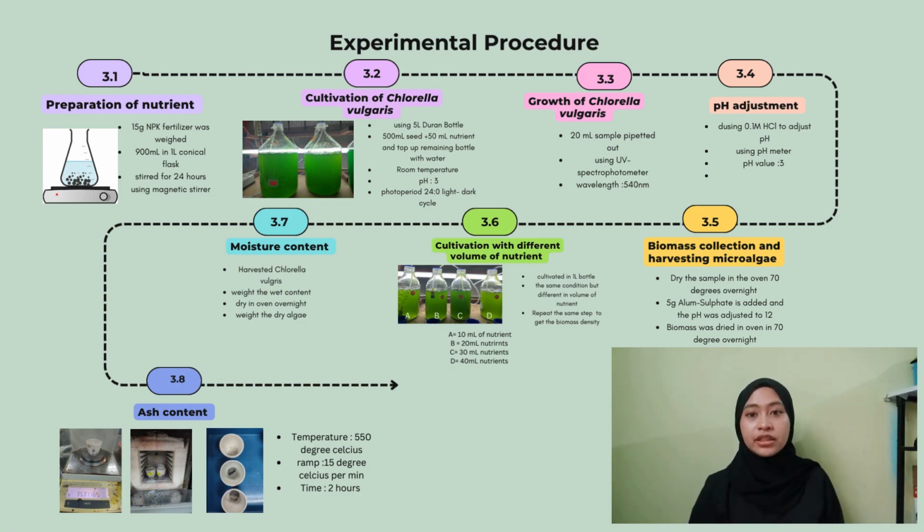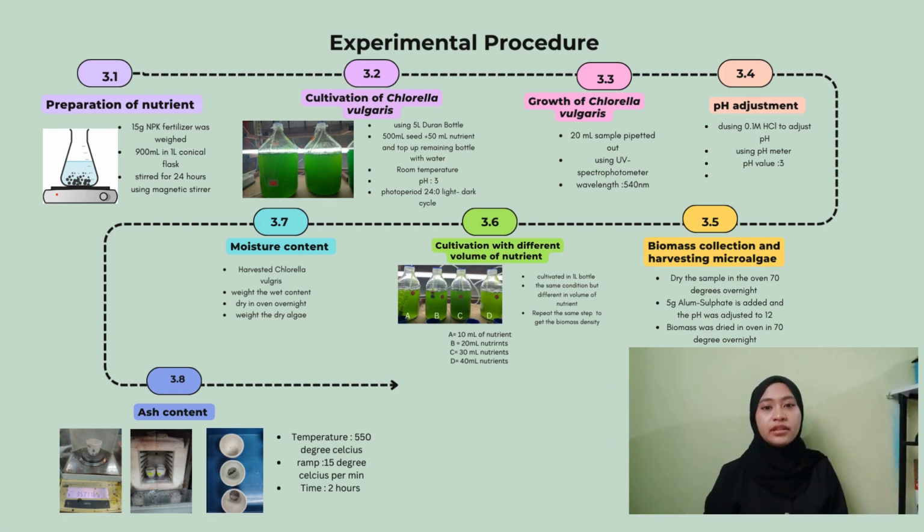The room temperature, pH 3, photoperiod 24:0 light-dark cycle. For the measurement of growth of Chlorella vulgaris, 20 ml sample was pipetted out and measured using a UV spectrometer at a wavelength of 540 nanometers.